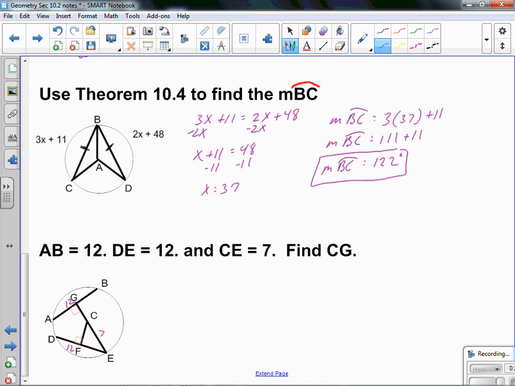So one thing we know about CG here is that it's basically the distance from C to segment AB here. And AB and DE are congruent.